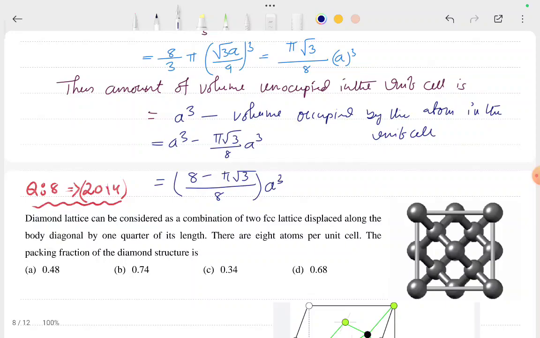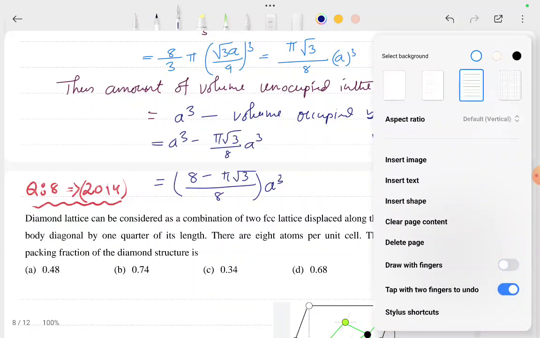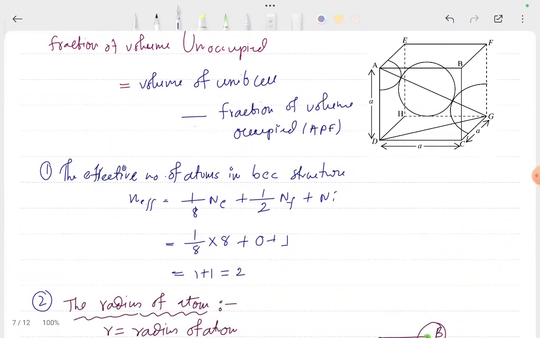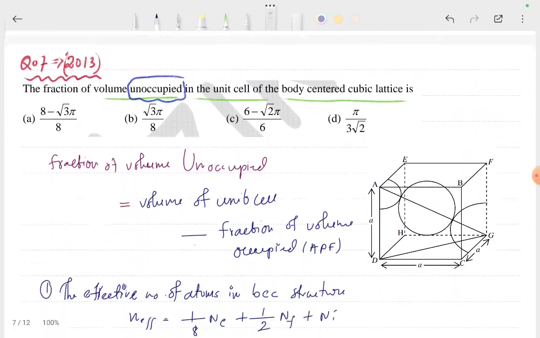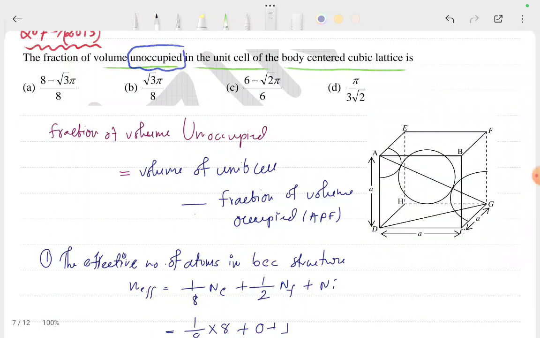Yeah, that's fine. Please remember this is not the atomic packing fraction. We have not considered atomic packing fraction here to solve these questions. Okay, don't worry. You can just correct this.